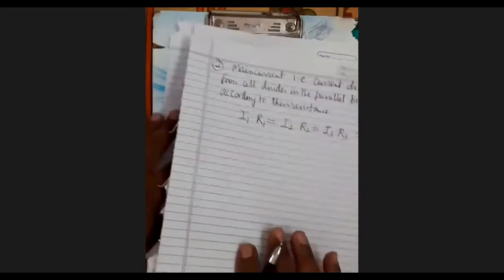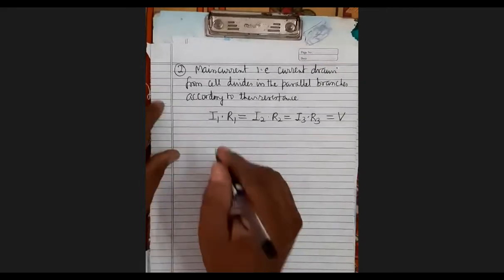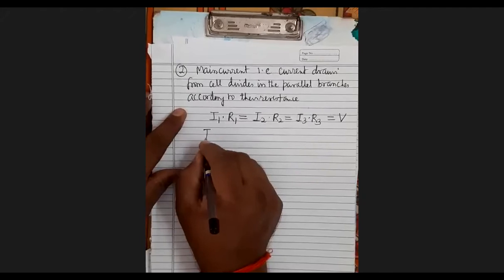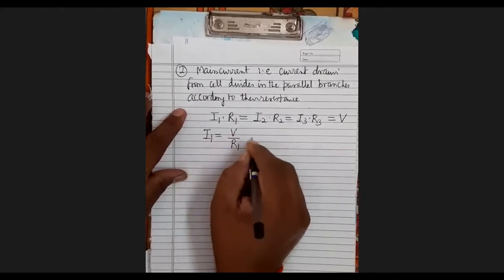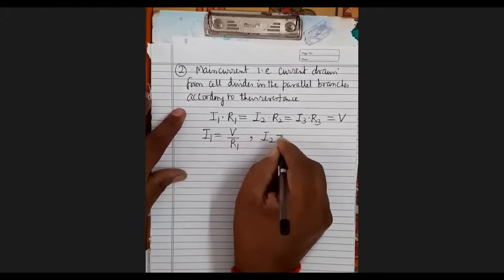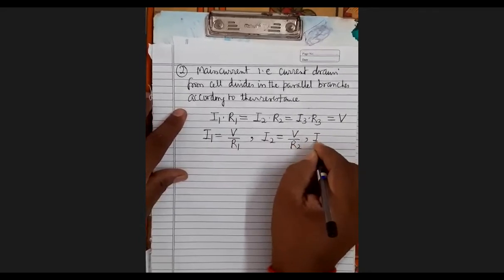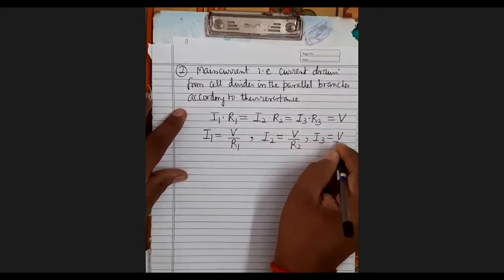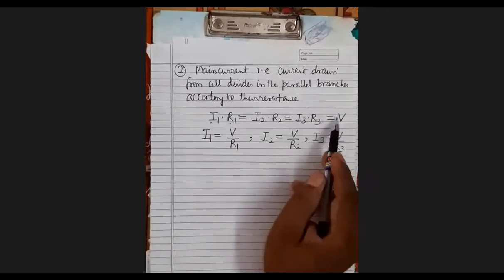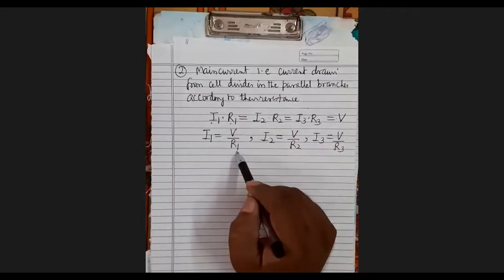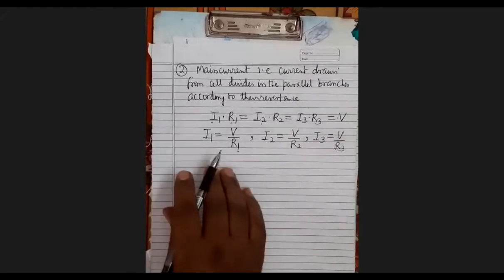So when you simplify, what will you get? I1 equals V upon R1. I2 equals V upon R2. And I3 equals V upon R3. You can see here, I1 R1 equals V, so I1 equals V upon R1, I2 equals V upon R2, I3 equals V upon R3.